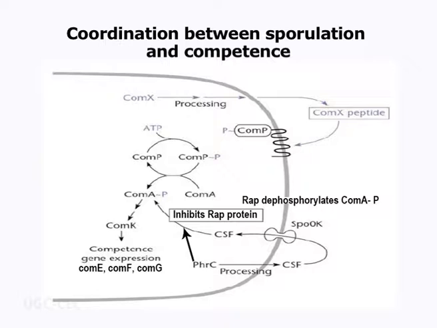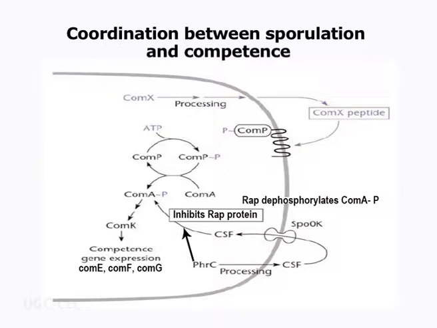One such important regulatory peptide is called PHR, and it regulates COM-A indirectly, by inhibiting a protein called RAP protein. What is the function of RAP protein? It dephosphorylates the COM-A protein. So by preventing RAP-A, we are preventing the dephosphorylation of COM-A protein. Like COM-X, PHR peptides are processed from the signal sequences of longer peptides, right?